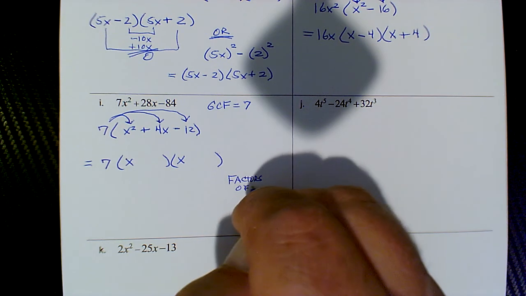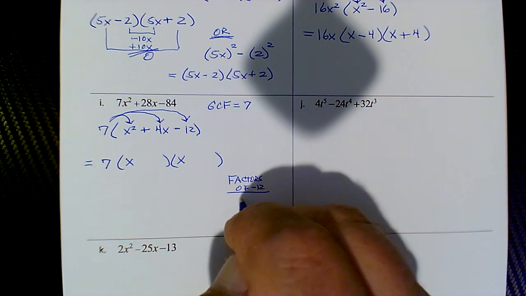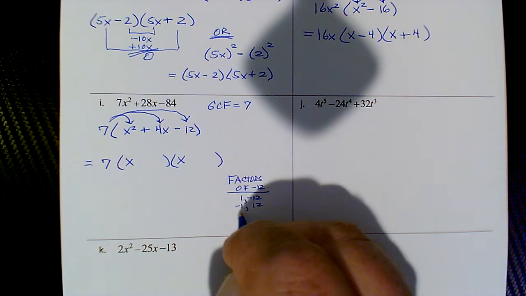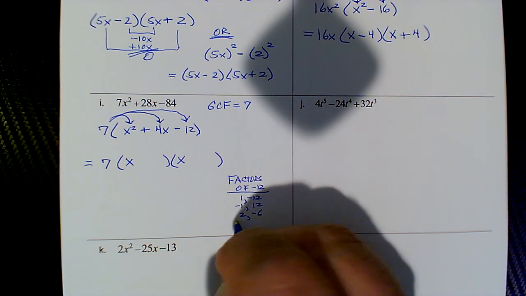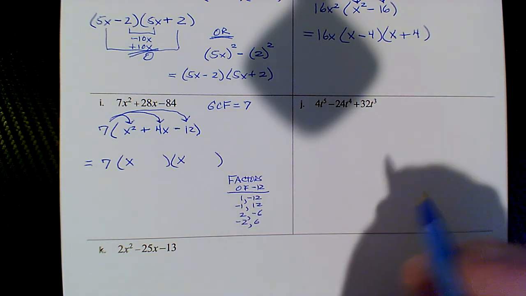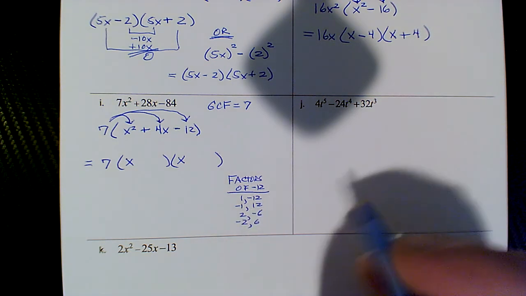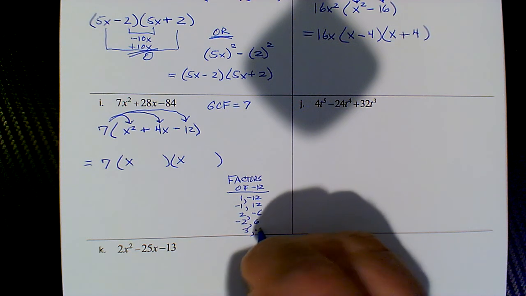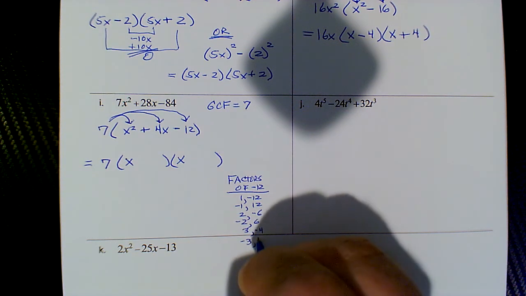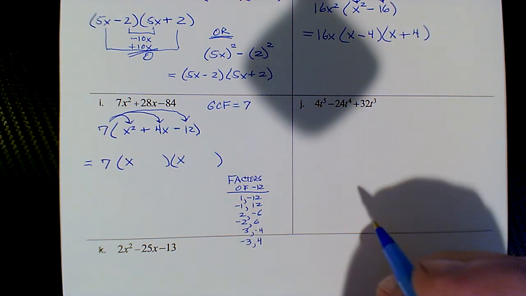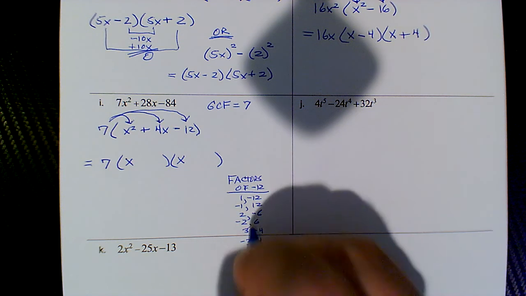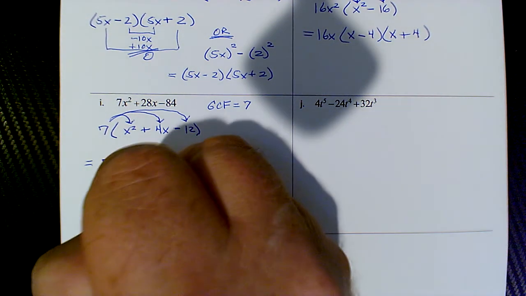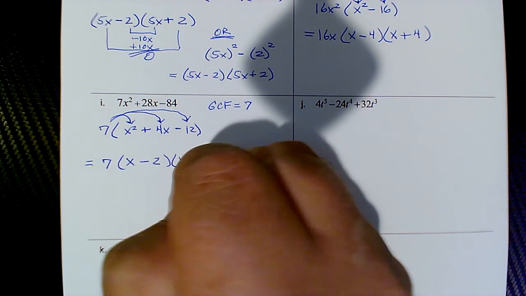Factors of negative 12: 1 and negative 12, negative 1 and 12, 2 and negative 6, negative 2 and 6, and don't forget about 3 and negative 4, negative 3 and 4. It looks like the one that combines to give a positive 4 is the negative 2 and the positive 6. So x minus 2 and x plus 6.